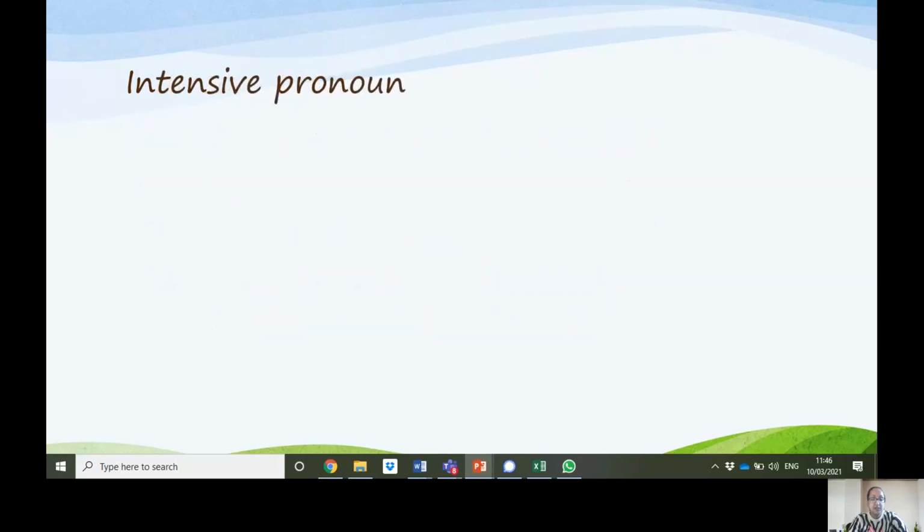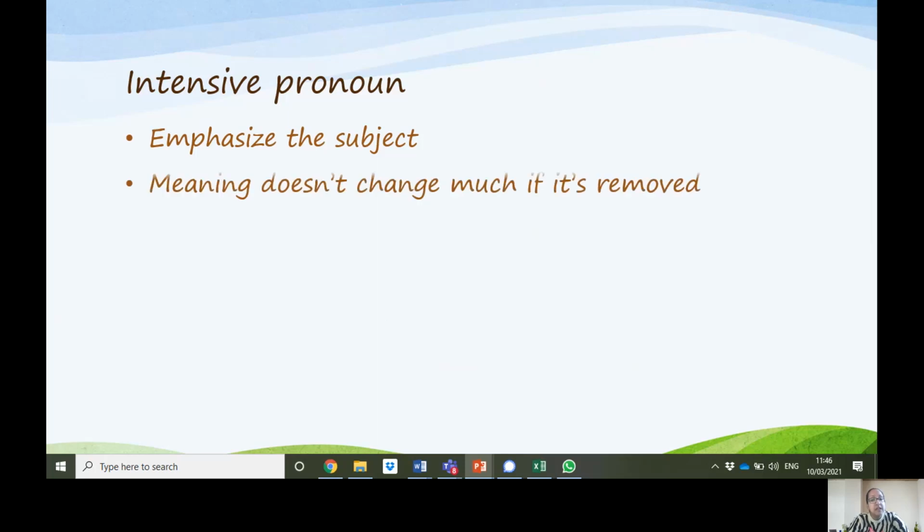We can use reflexive pronouns as an intensive pronoun as well. So that means when we emphasize the subject, when we stress the subject of the sentence. If we take away the reflexive pronoun from a sentence like that, the meaning doesn't really change much.